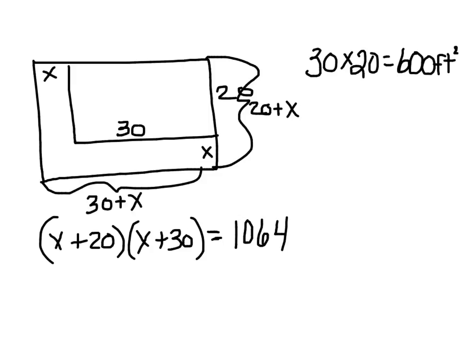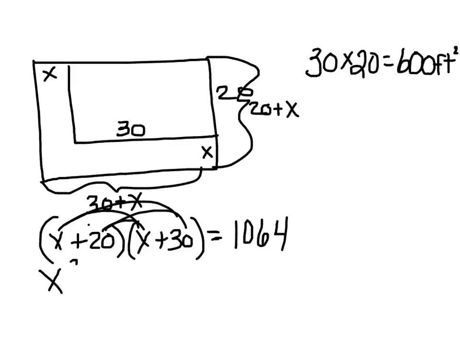Now, part C, now we're going to have to solve it. How do you want to solve this? Do you want to complete the square, factor? What do you want to do? Factor? Now, for factoring form, and a lot of people mess this up, you can't just set each group equal to 1064. It does not work that way. But what you have to do first is you have to distribute out.